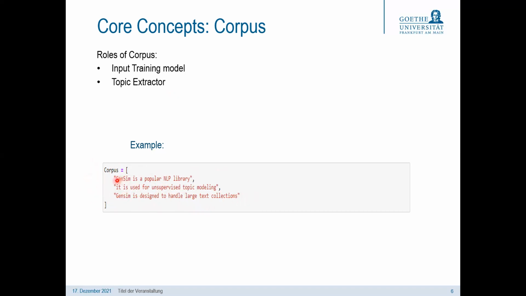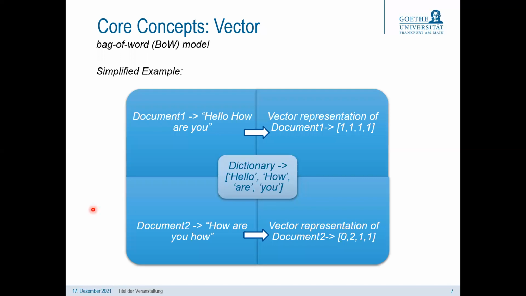These documents can be more complex things such as books, articles, tweets, etc., the number of documents can increase and the corpora can be more complex as well.